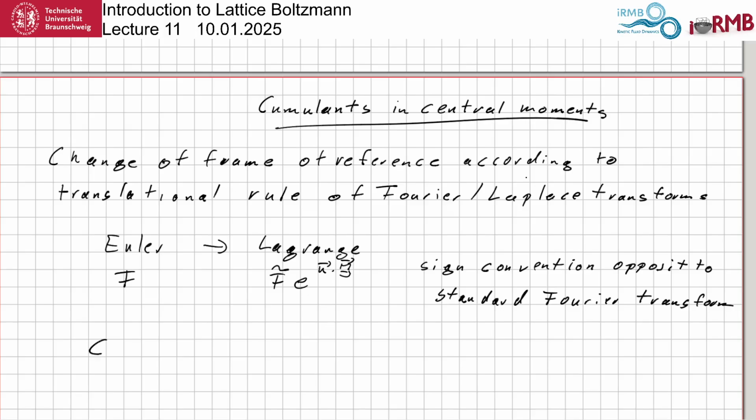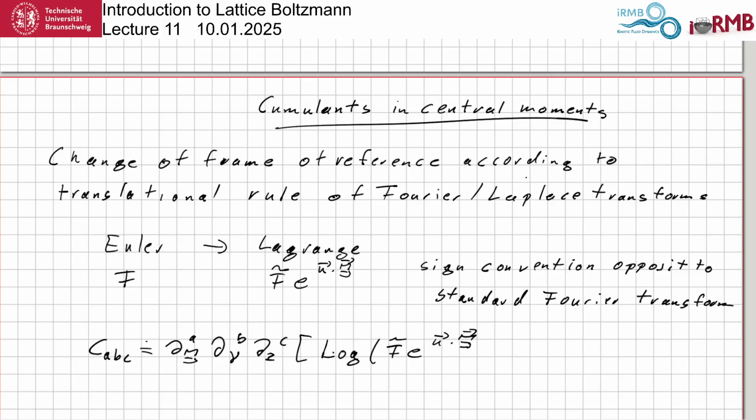So we have C, A, B, C. Now we get all these derivatives. Now we take the logarithm of f with the snake on top, e to the u.